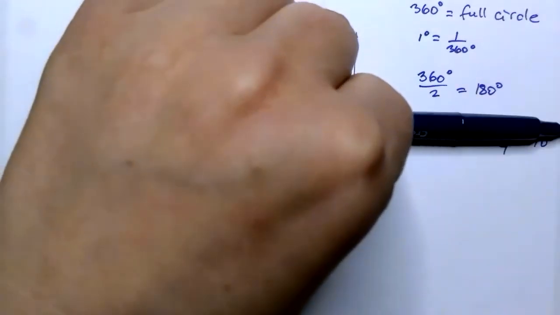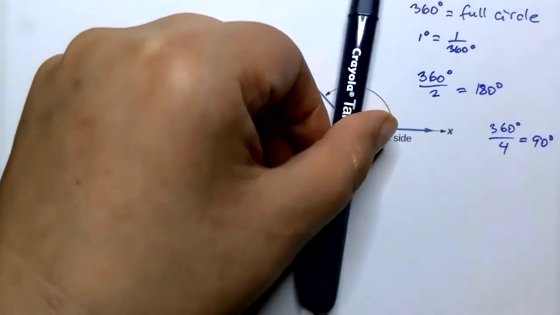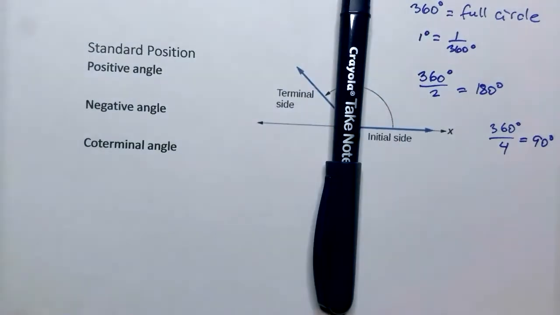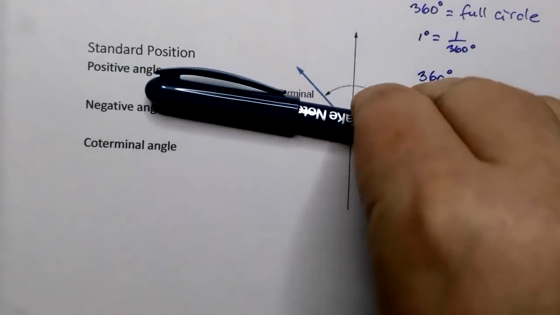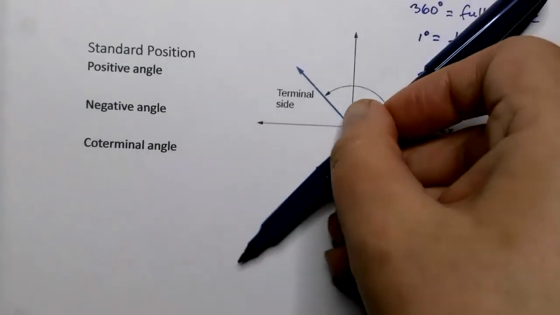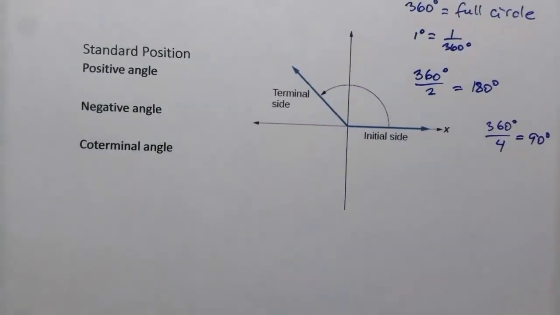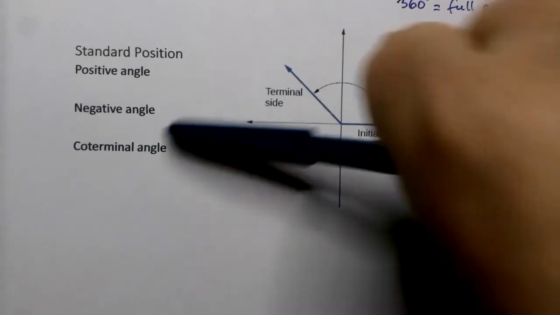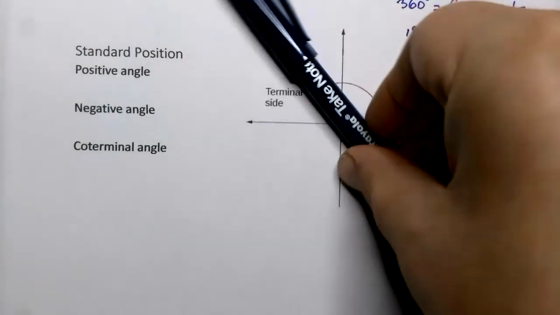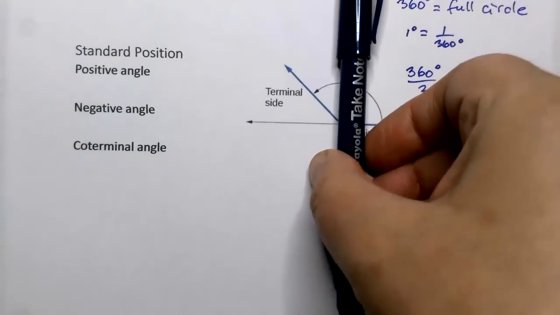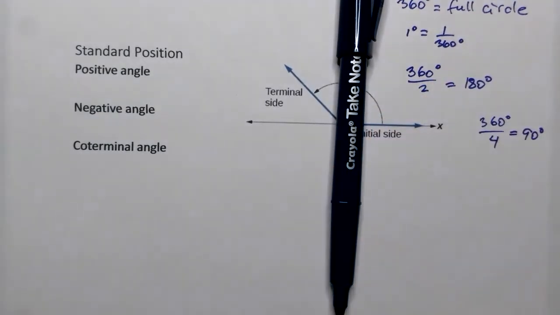So from here, this is the initial side, this is the terminal side, that will be a 90-degree angle. Now if we rotate in the opposite direction, that's going to be a negative angle. So if we start in this position and start rotating clockwise and stop here, that will be a negative 90-degree angle.